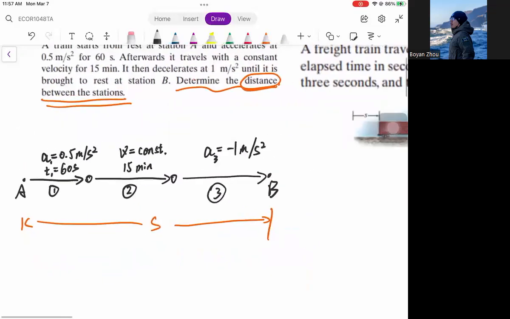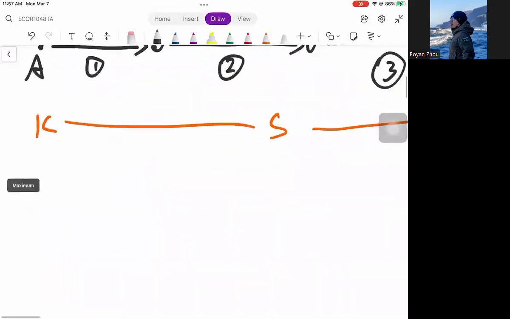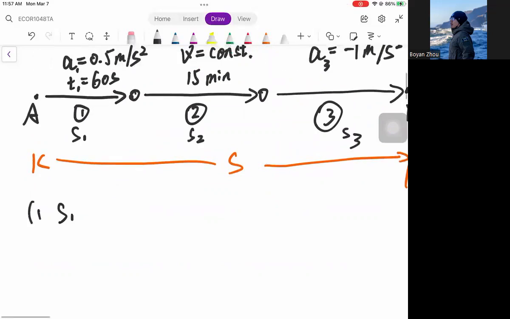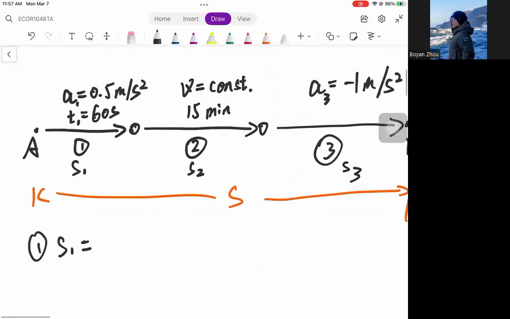I'm just gonna calculate the S1 and S2 and S3. For the S1, we know the acceleration is a constant and we know the time.